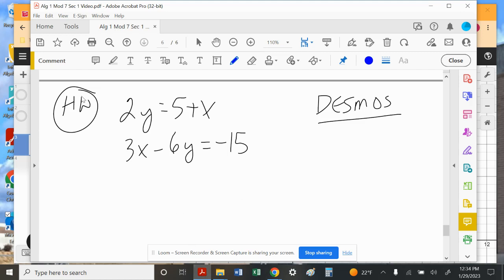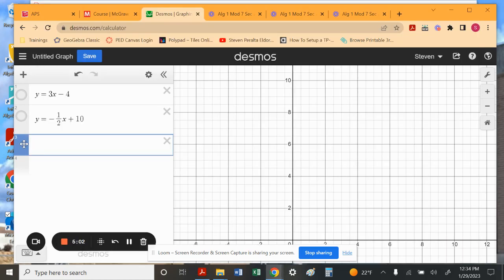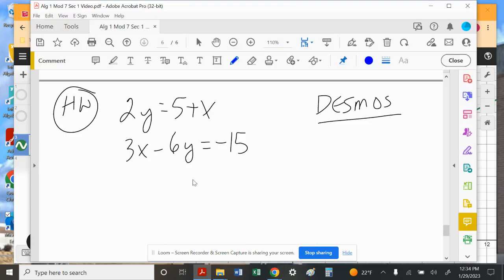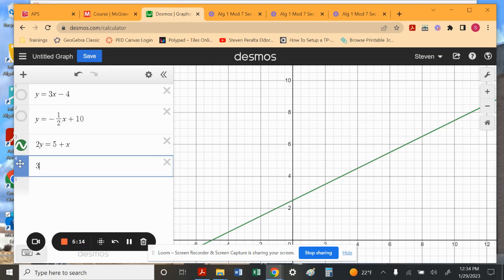So we have 2y equals 5 plus x. Okay. And 3x minus 6y equals negative 15. I'm pretty sure that's what it says.